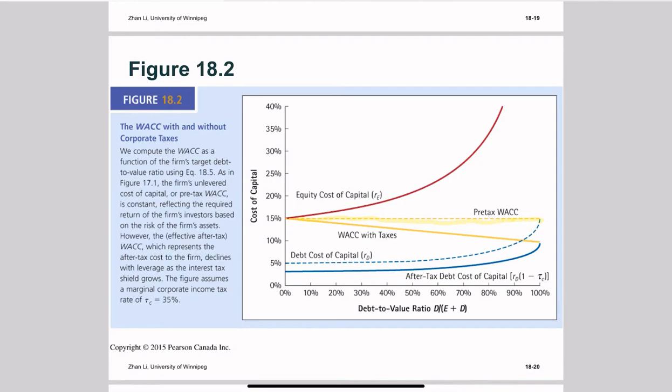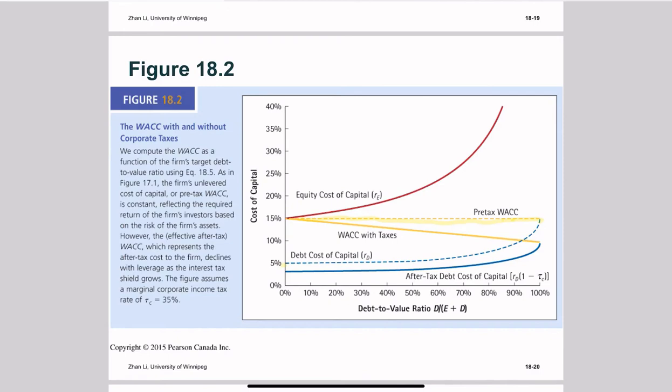So if we assume the firm's business operations are not affected by the firm's capital structure choice, then we can see that the pre-tax WACC should stay constant as you increase the debt level.